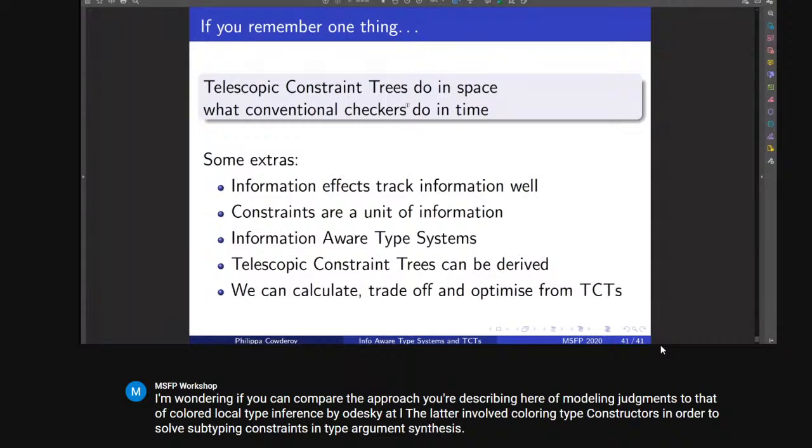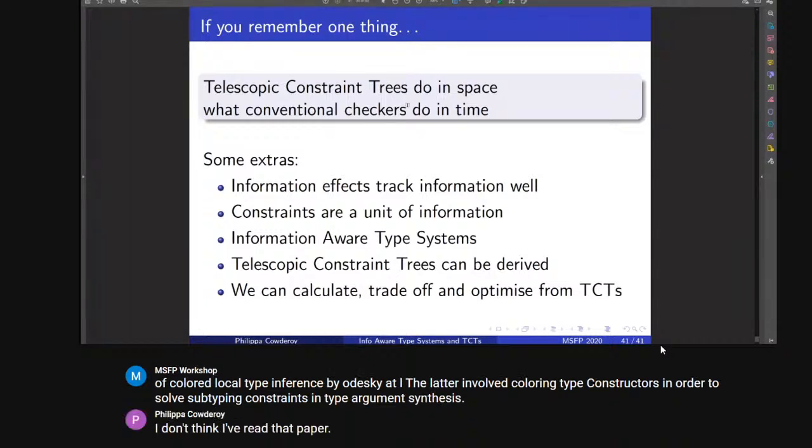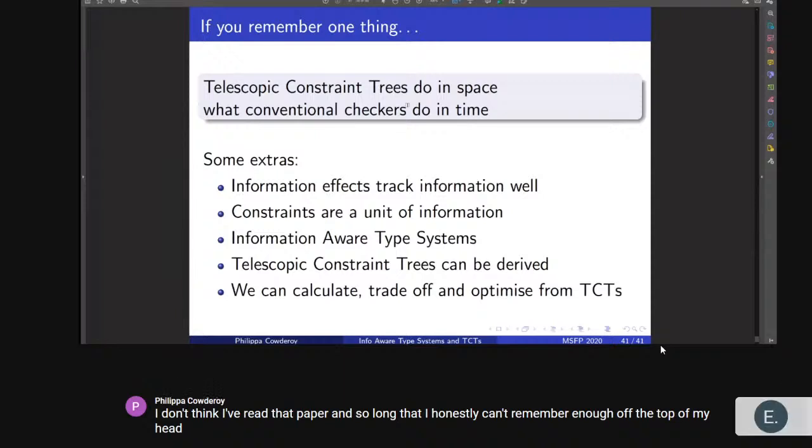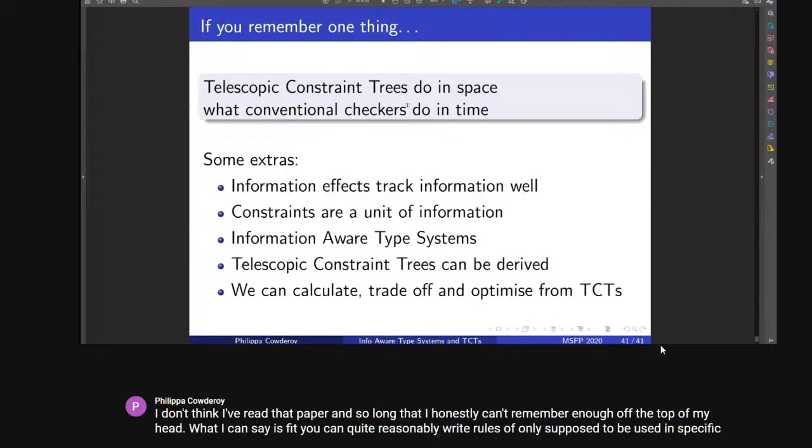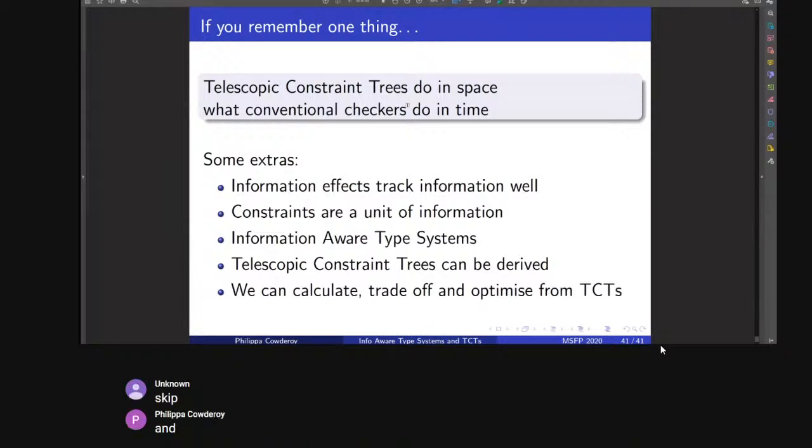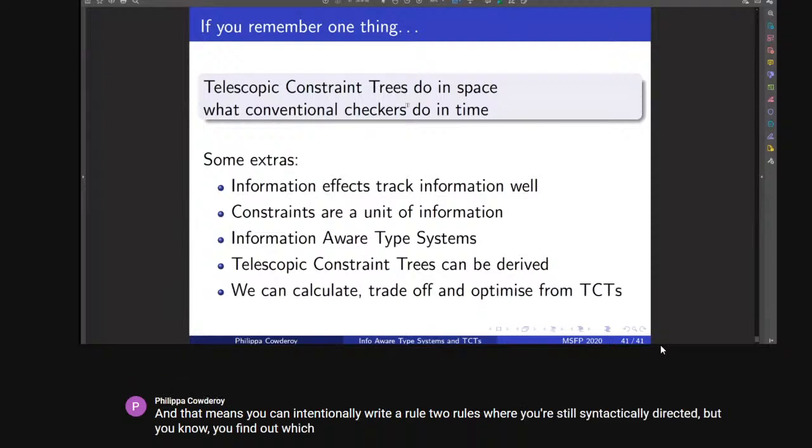I don't think I've read that paper in so long that I honestly can't remember enough off the top of my head. What I can say is that you can quite reasonably write rules that are only supposed to be used in specific modes, and that means you can intentionally write 2 rules where you're still syntactically directed, but the moment you find out which mode you're solving, you now know which of the 2 you're working with.